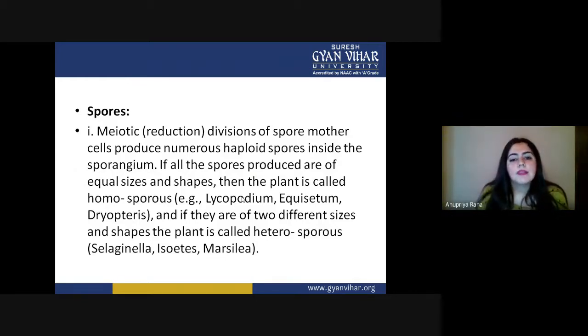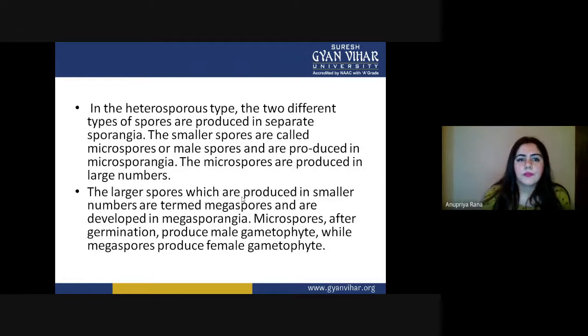This can be seen in Lycopodium, Equisetum, Dryopteris. And if they are of two different sizes and shapes, then the plant is called heterosporous. If the condition is opposite to homosporous, then we call them heterosporous, and they can be seen in Selaginella and Marsilea.